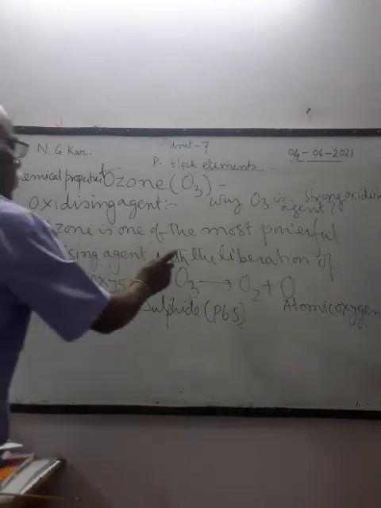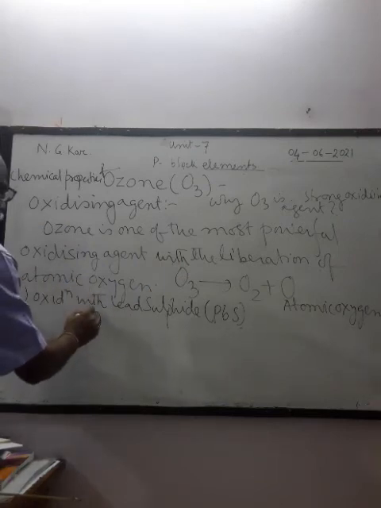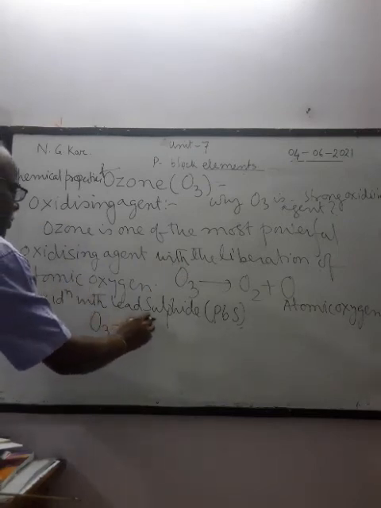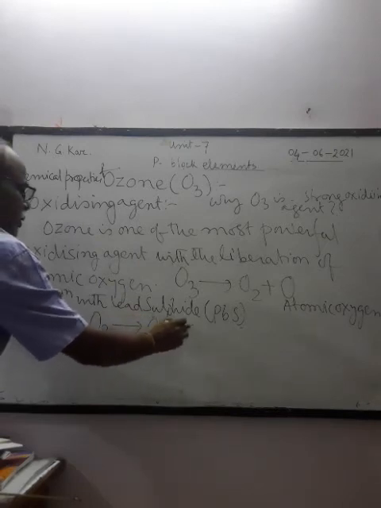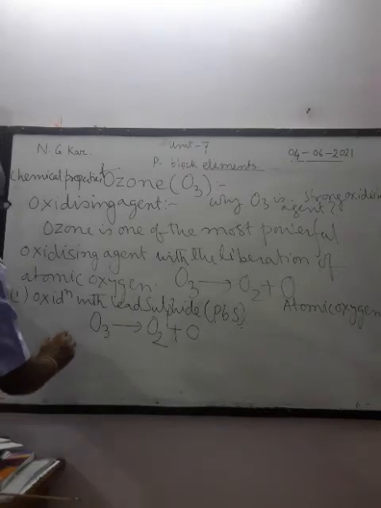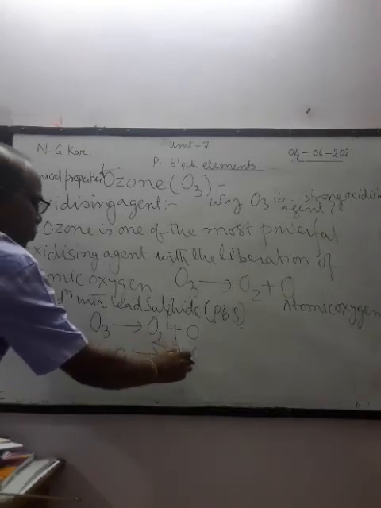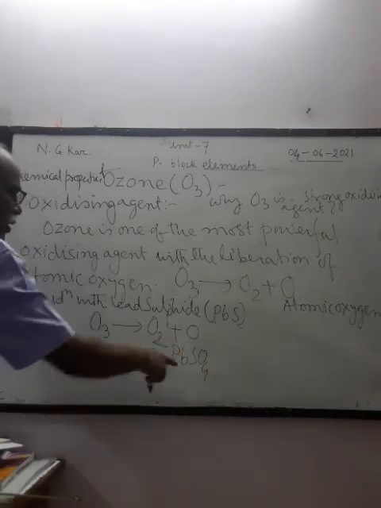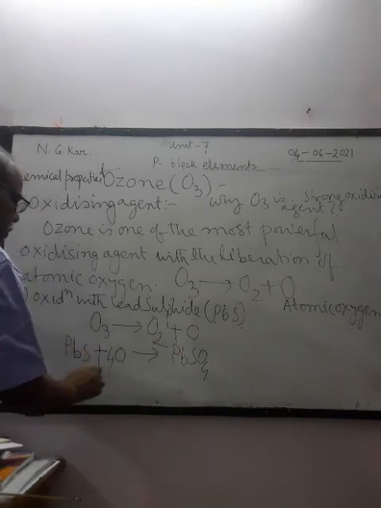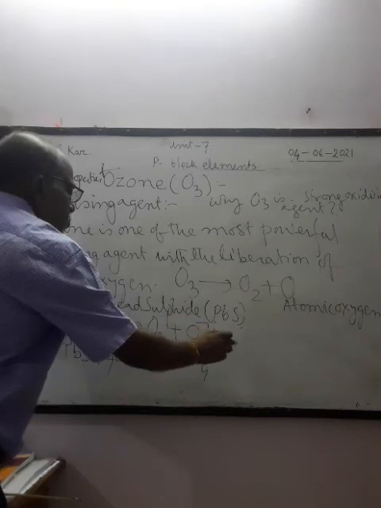When ozone undergoes an oxidation reaction, first of all ozone decomposes to nascent oxygen or atomic oxygen. Next, PbS reacts with oxygen forming PbSO4. Here there are 4 oxygens, so this is multiplied by 4.